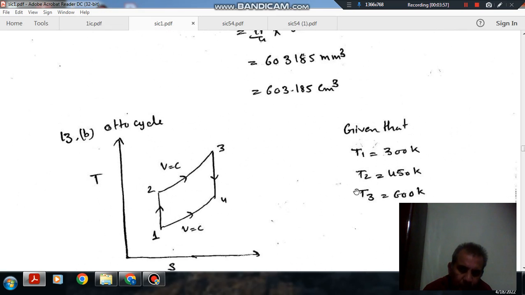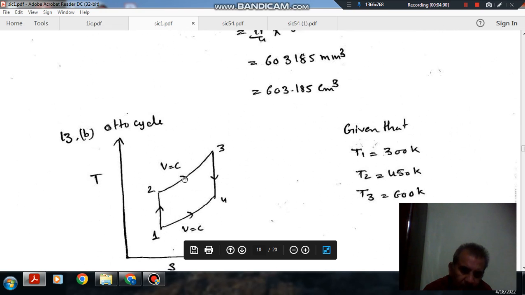So the temperatures T1, T2 and T3: T1 is before compression, T2 is after compression, and T3 is after heat addition, 600.